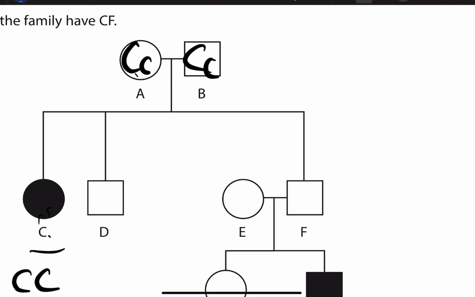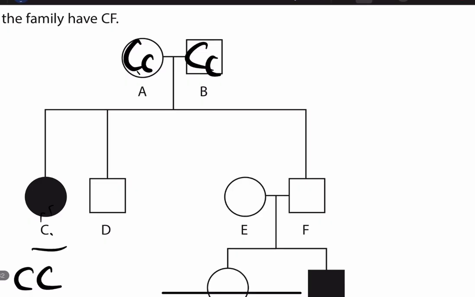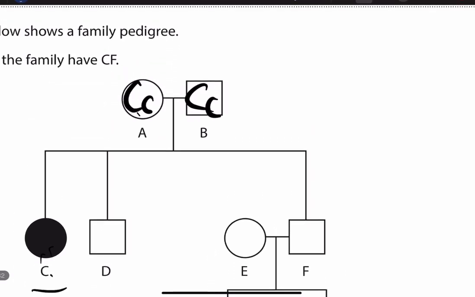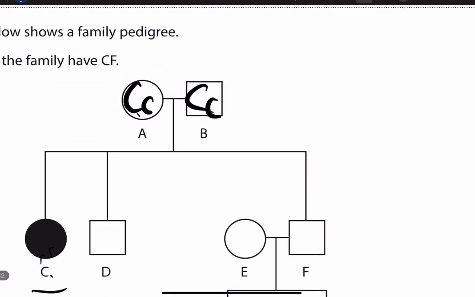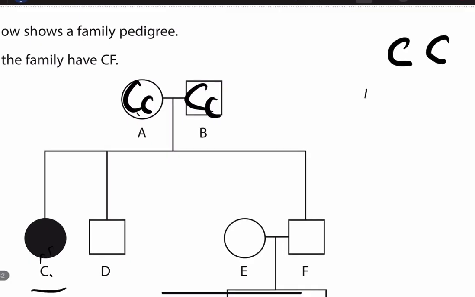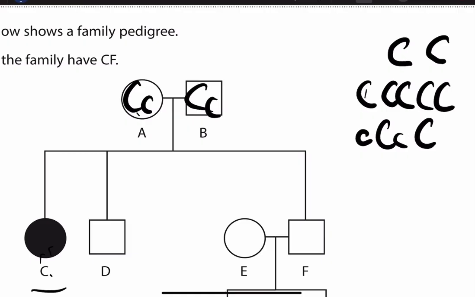So this genotype is only possible if the parents are both heterozygous, since both parents are unaffected. Because if you think, oh, what if one of the parents was homozygous dominant? Let's have a look. If the one is homozygous dominant and the other one's homozygous recessive, we would have a homozygous dominant, a heterozygote, and a heterozygote. All of those outcomes result in the dominant allele being expressed, meaning you don't have cystic fibrosis.